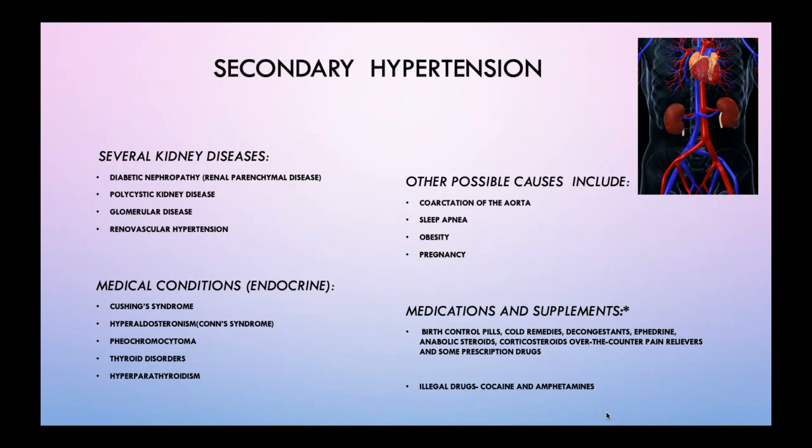Other possible causes include sleep apnea, obesity, pregnancy, medications and supplements, for example, birth control pills, cold remedies, over-the-counter pain relievers such as NSAIDs, and some other prescription drugs. Let's not forget illegal drugs such as cocaine and amphetamines.